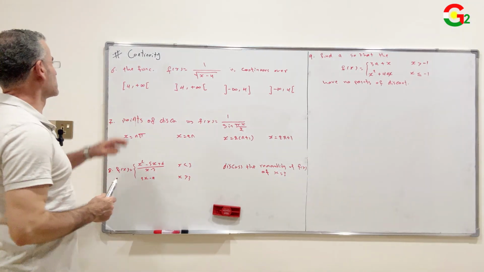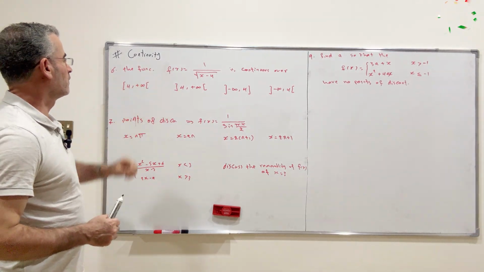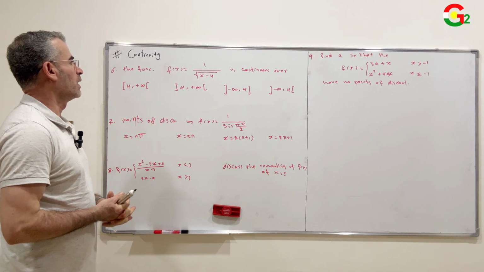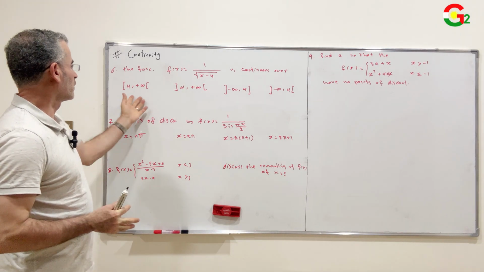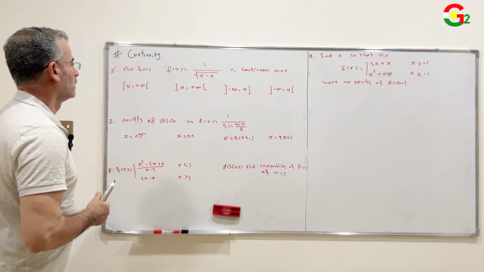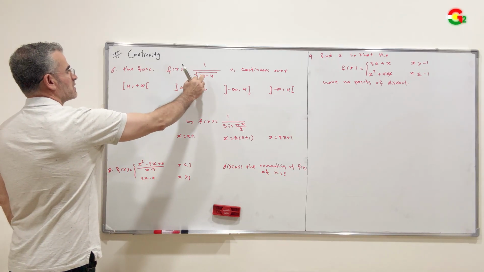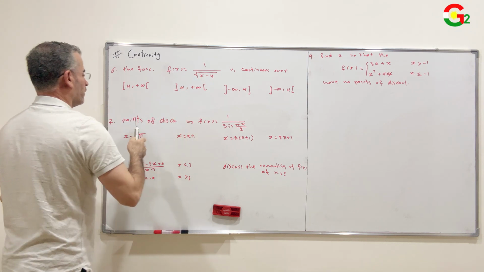Question number 6. The function f(x) = 1 over square root of (x - 4) is continuous over which of the following intervals? To find the interval of continuity of this function, find the domain of the function.